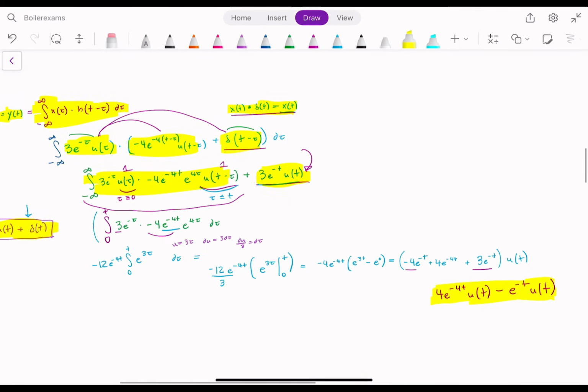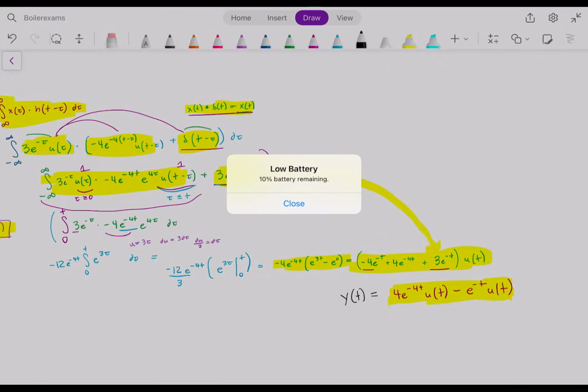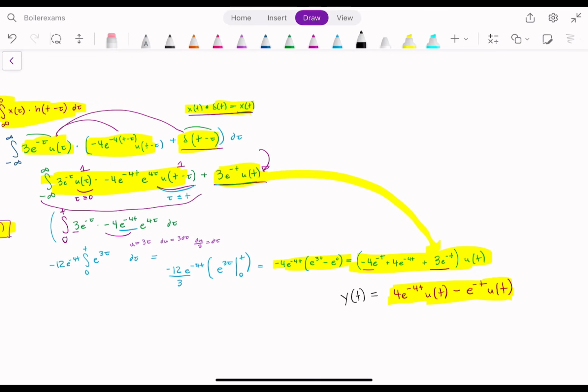So we did u sub, and we got that the output of this integral was this, and then we added on this term here, we combined them, we simplified, and the answer for the output of this system when the input is 3e to the negative t is that.